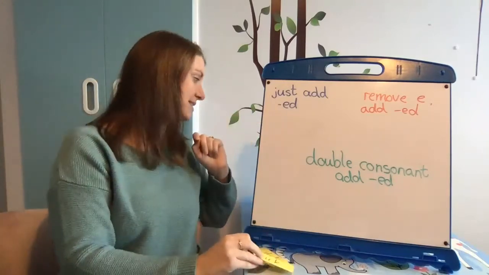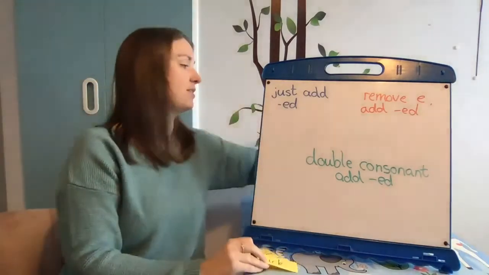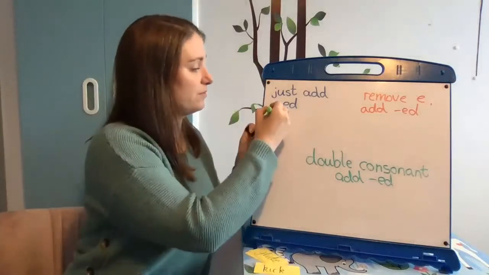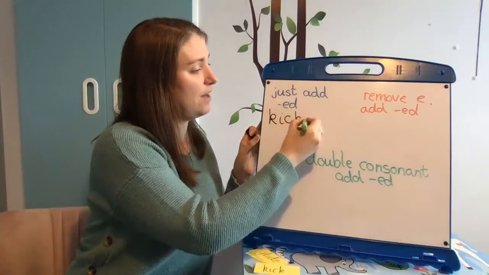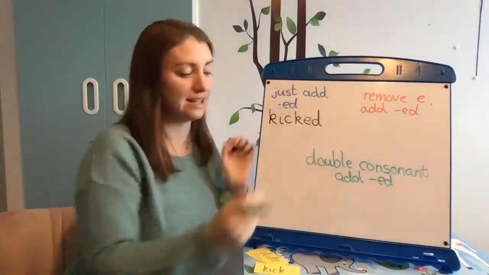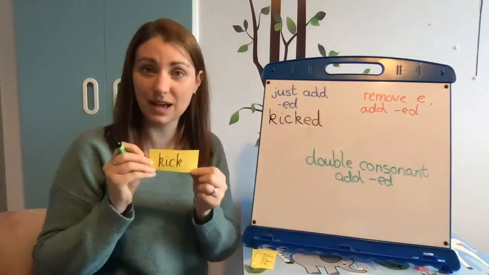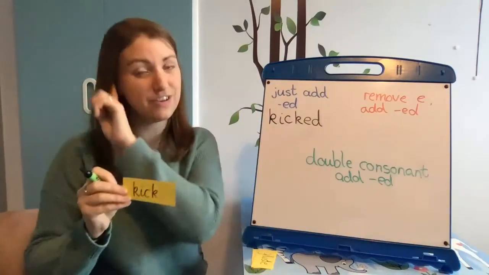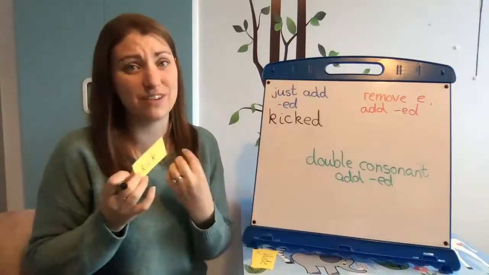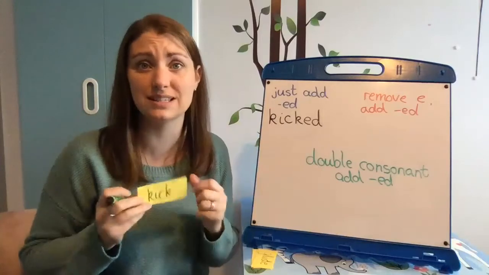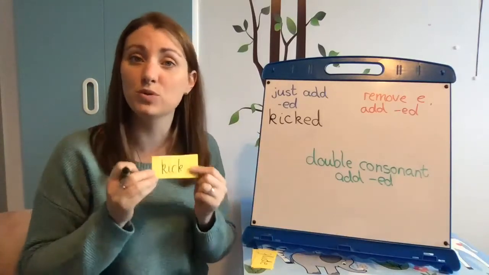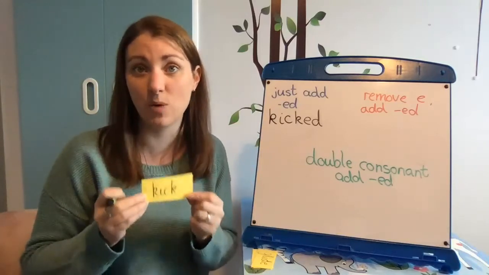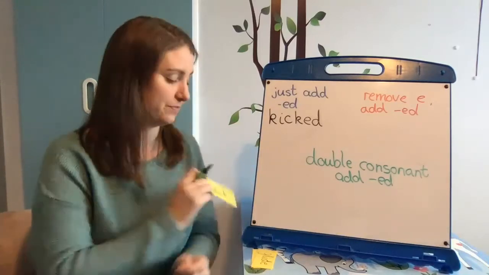Well, that's handy, isn't it? There it is. So I had k, and then I just had to add ed. Well, that was simple. At first, when you look at all the rules, it feels like it's quite a lot, isn't it, to take in? But if you go through them one by one, you can rule them out and you will work out what will happen to the word.